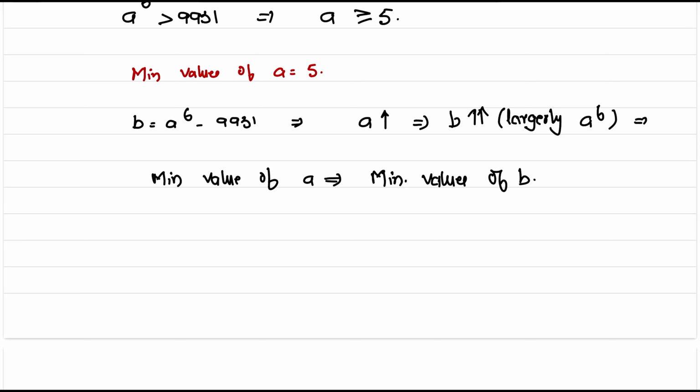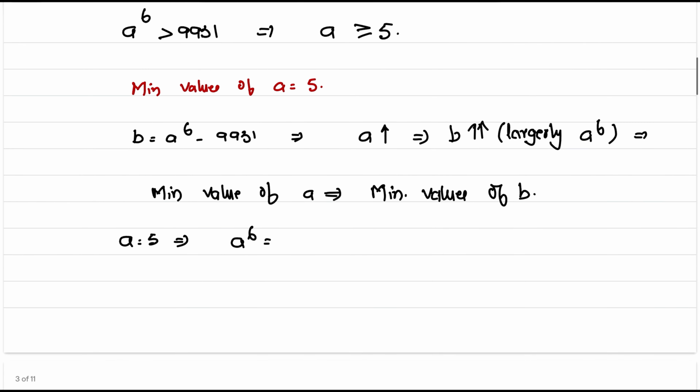For example, let us test it. a is equal to 5 implies a to the power of 6 is equal to 15625, and b is equal to a to the power of 6 minus 9931, that is 15625 minus 9931, that is equal to 5694.